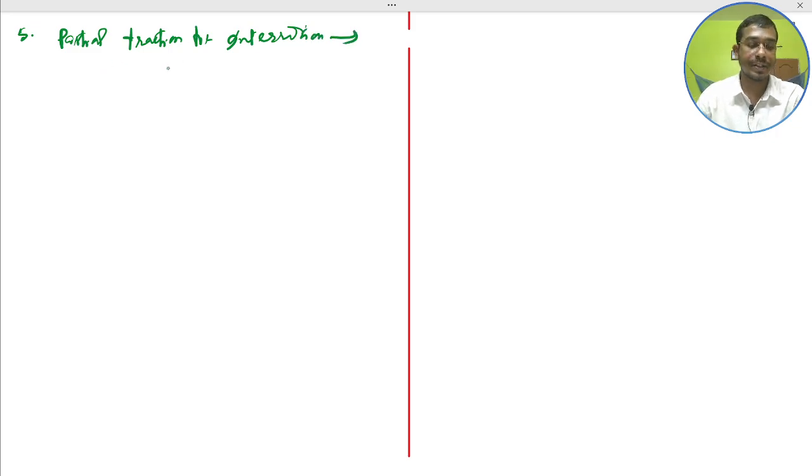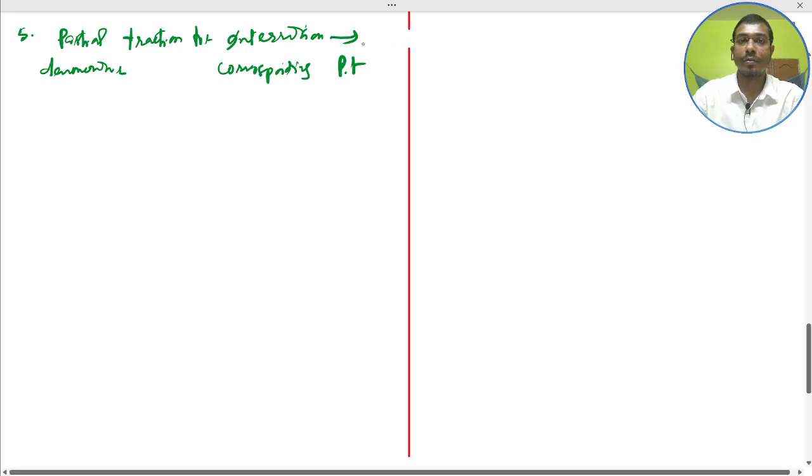So for partial fractions, this is the denominator, and here the corresponding partial fraction. One thing I just compare here, we have also drawn a line.